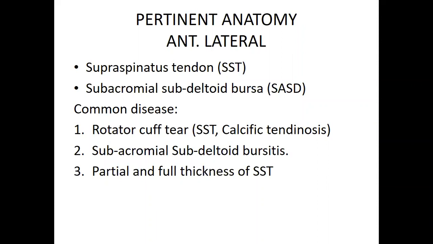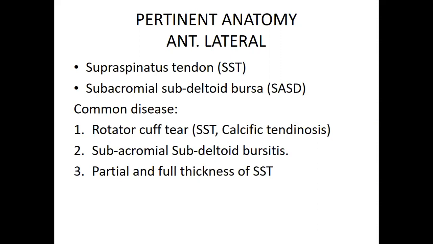Sorry. So our focus here, there are only two structures, the supraspinatus and the subacromial subdeltoid bursa. Very important. What are the common pathologies within here? You've got the rotator cuff tear, the supraspinatus tendon calcific tendinosis, and subacromial subdeltoid bursitis.